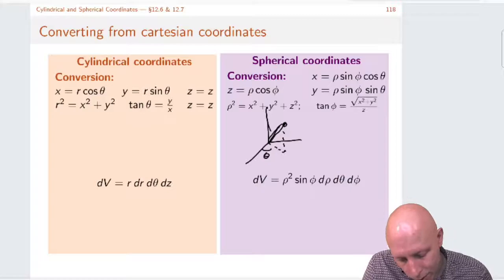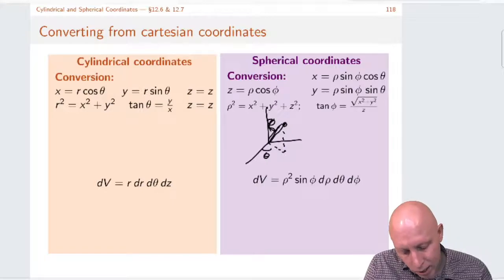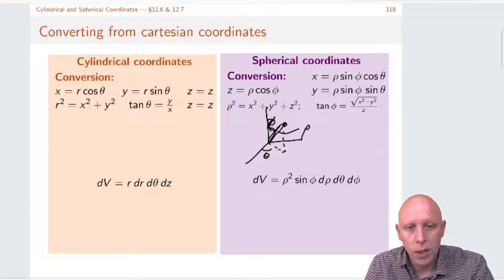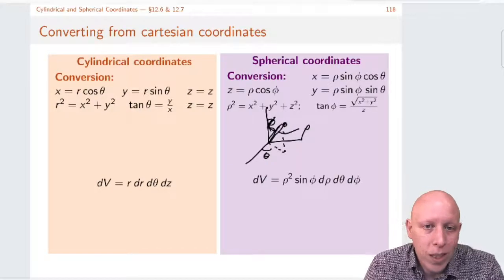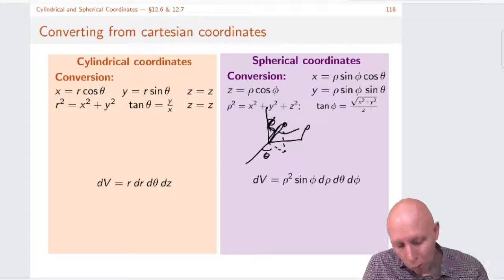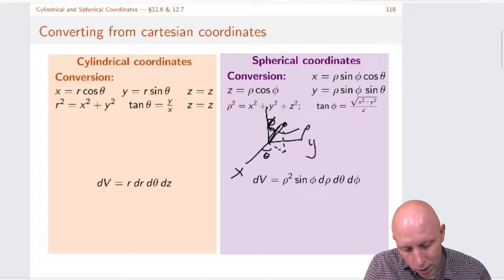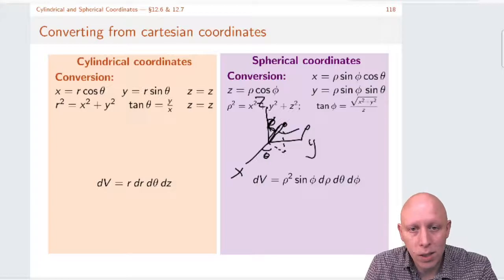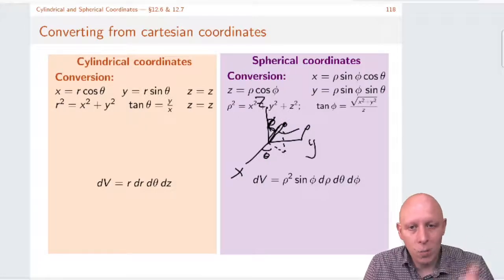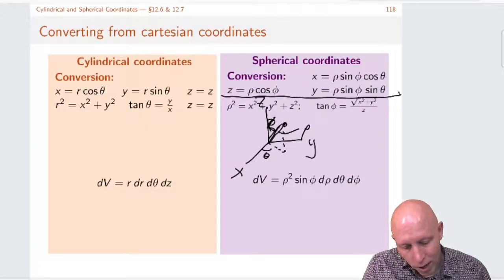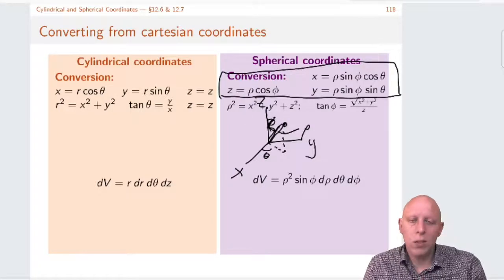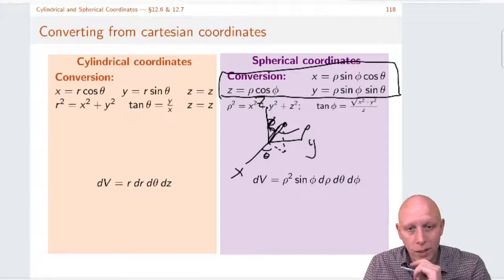If we look at this, this is our phi, and the length of this line segment is rho. So what we need to figure out is the x component, the y component, and the z component, so that we can write down the expressions for x, y, and z as a function of rho, phi, and theta.